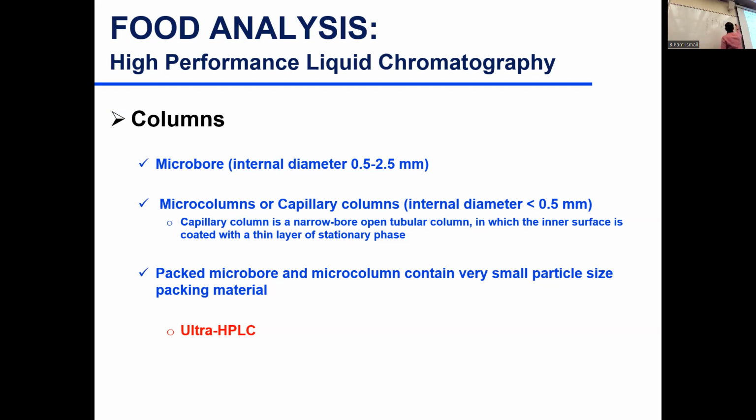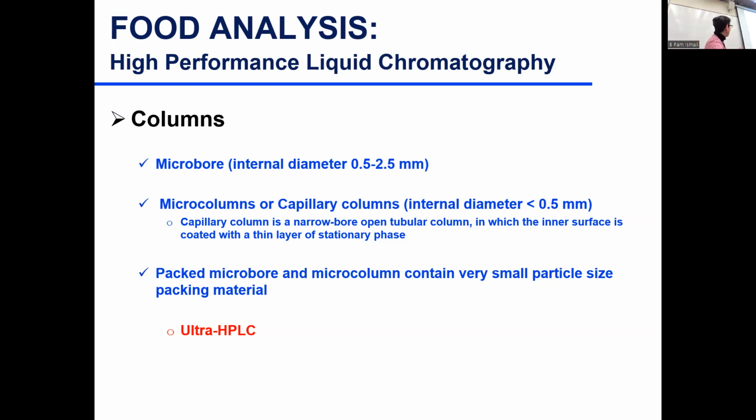So enhanced sensitivity, and when you have low concentrations and you have a powerful detector and you want quick analysis time, you go for UPLC, which is ultra performance liquid chromatography.